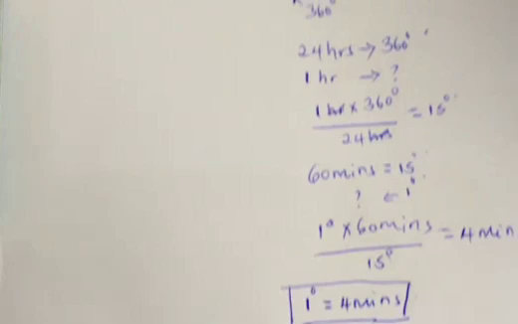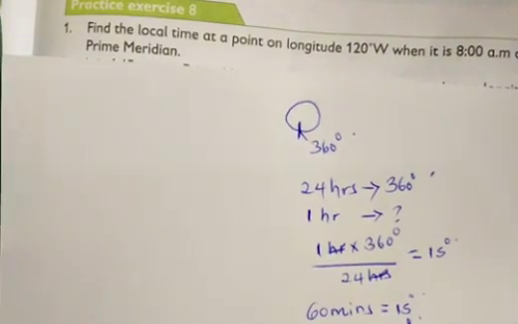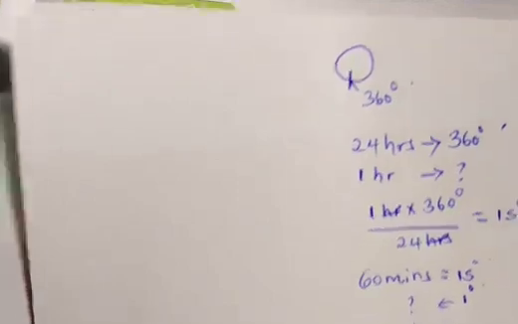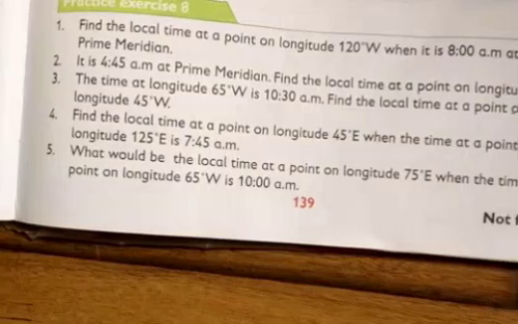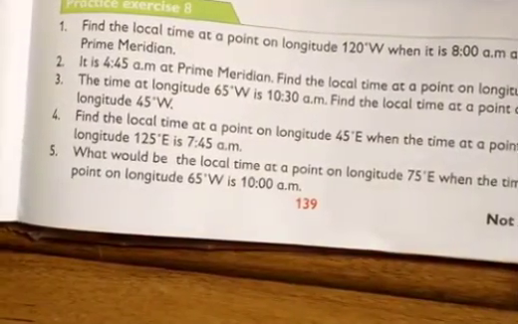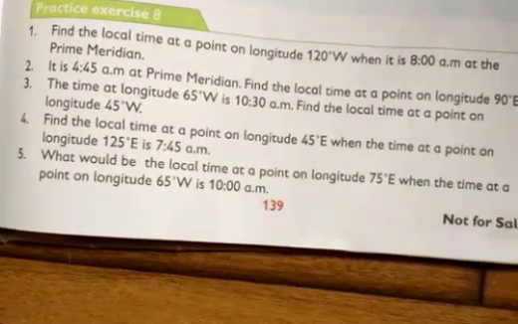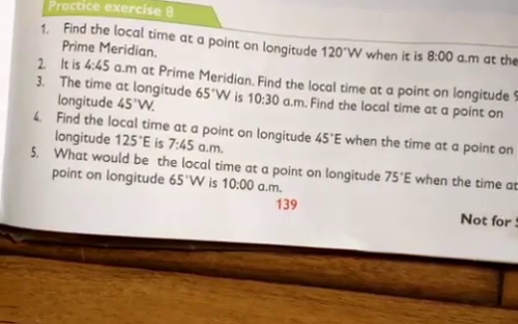So we have a question here. As you can see, I'm using the textbook grade 9, and we'll be solving some of the questions in the textbook. Just pay attention.